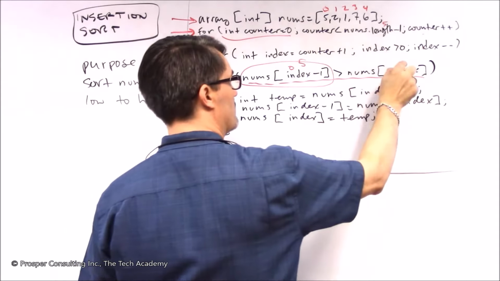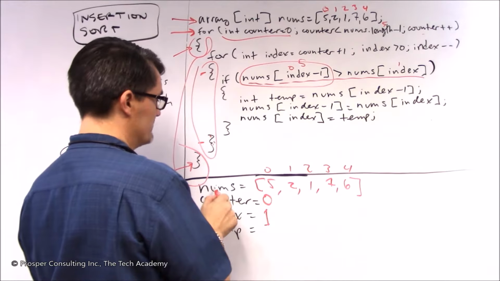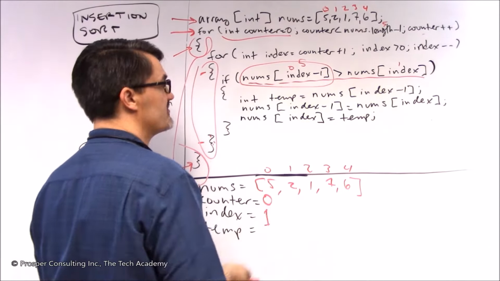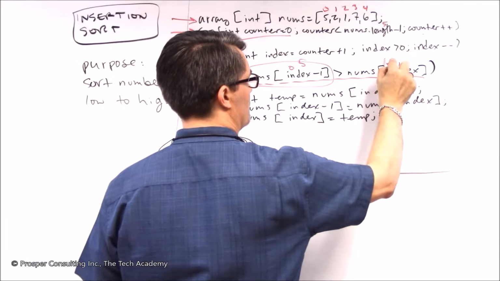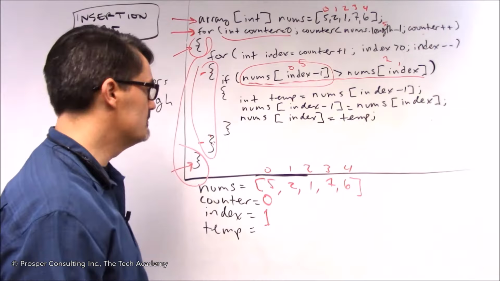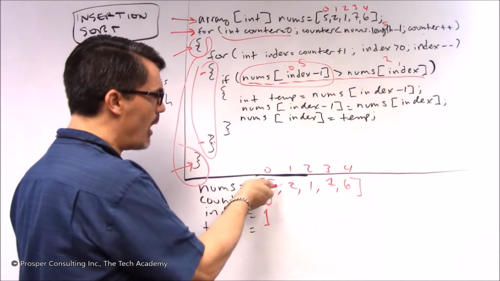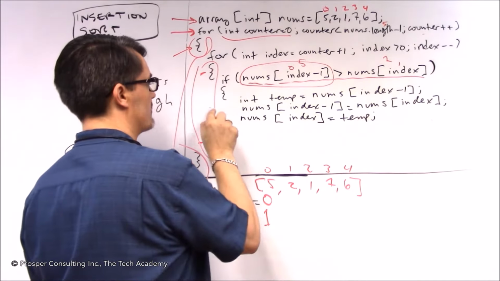Index is equal to 1. So the value in the array nums of the element at position 1 is 2. You can see it right there. So this is the comparison. Is 5 greater than 2? Yeah, it is. And you've already done this in your head. You go, man, we got to swap these things. We got to switch them. That's what's going to happen right here. This is where the swap happens.